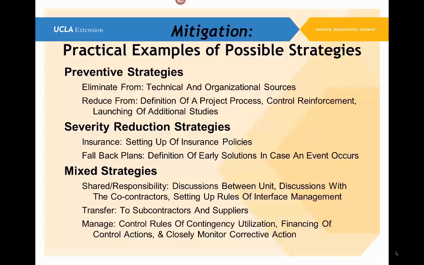Working with co-contractors. Setting up some rules of interface, how we're going to work together. Another thing is to transfer to subcontractors and suppliers. Sometimes subcontractors are in a much better position to reduce the severity and the probability of impact of a risk.